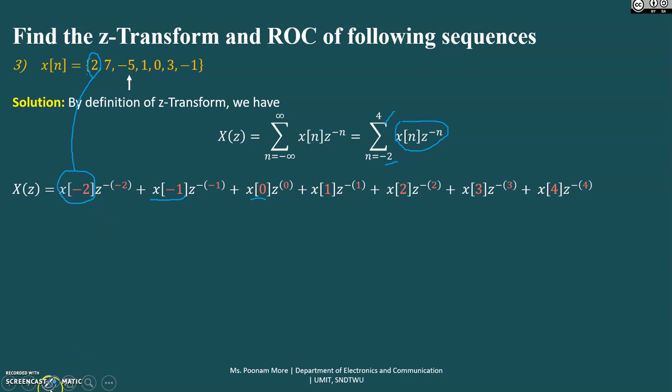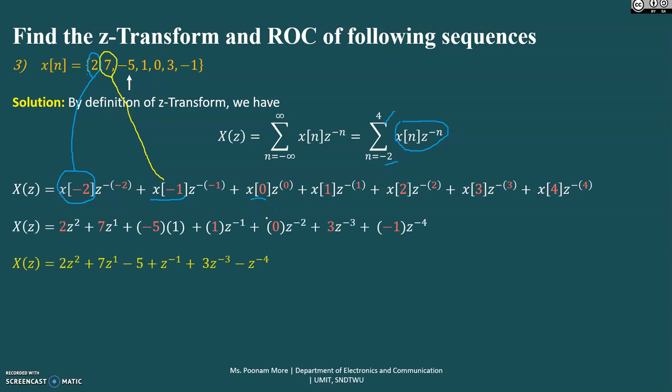Similarly, the value for x of 1, you can see, is nothing but 7 over here. So like that, you can substitute the other values from the given sequence in the expression of x of z, and then further you can simplify it to get your final expression, as we can see over here.